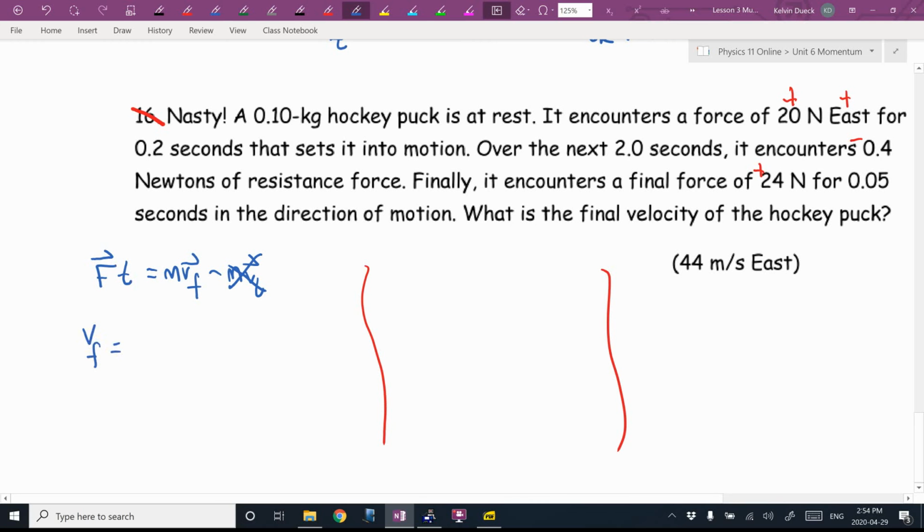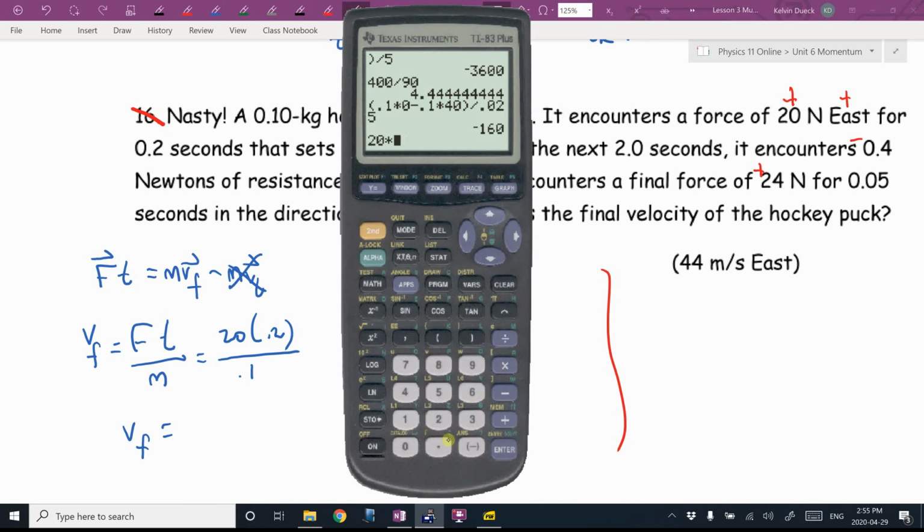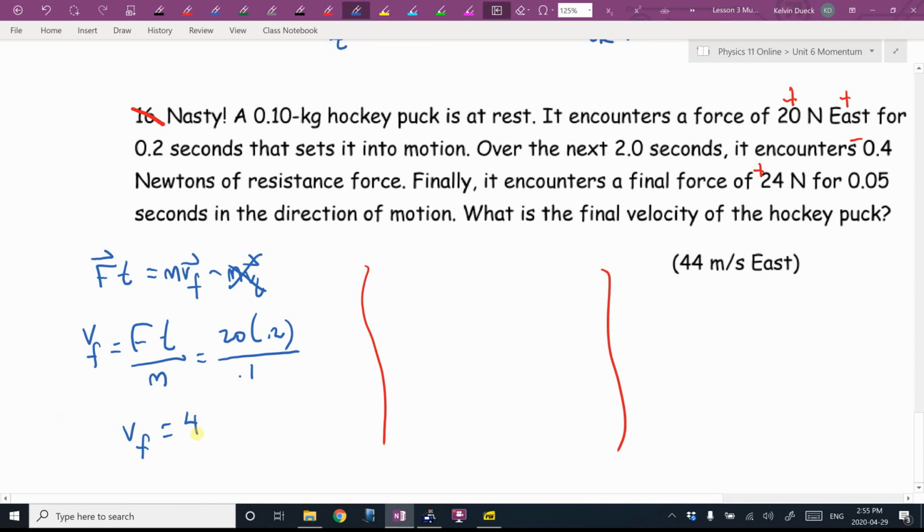V final is going to be force times time over m. It's going to be 20 times 0.2 divided by 0.1. The final velocity for the first bit of motion is going to end up being 40 meters per second. Now let's walk here, and now V initial is 40 meters per second.